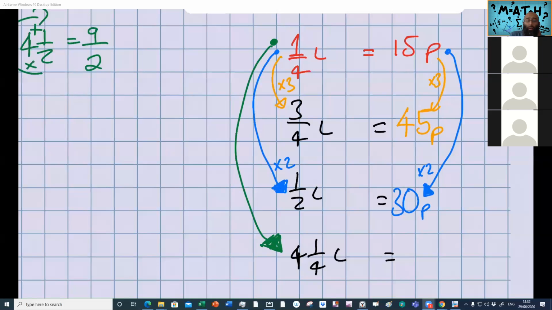Now, how many quarters are there in 4 1/4? 17 quarters.